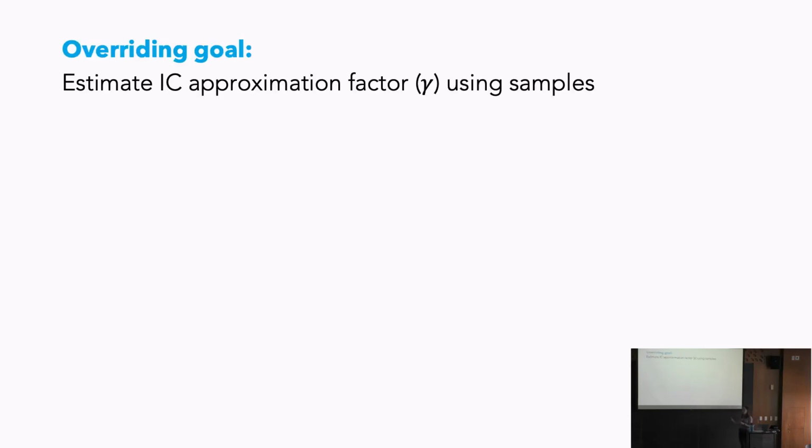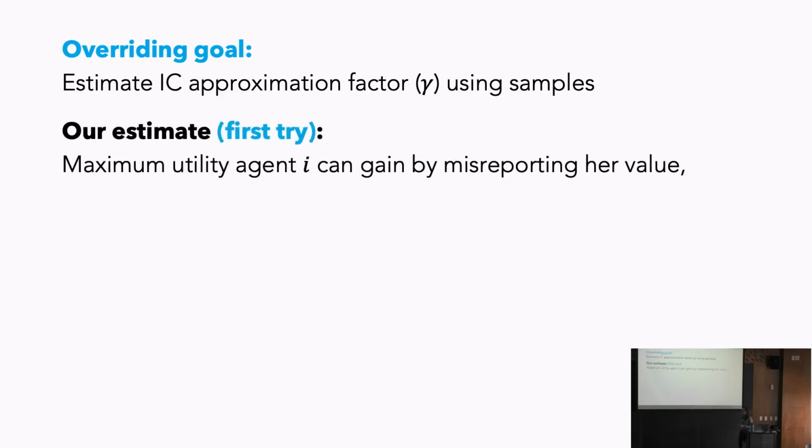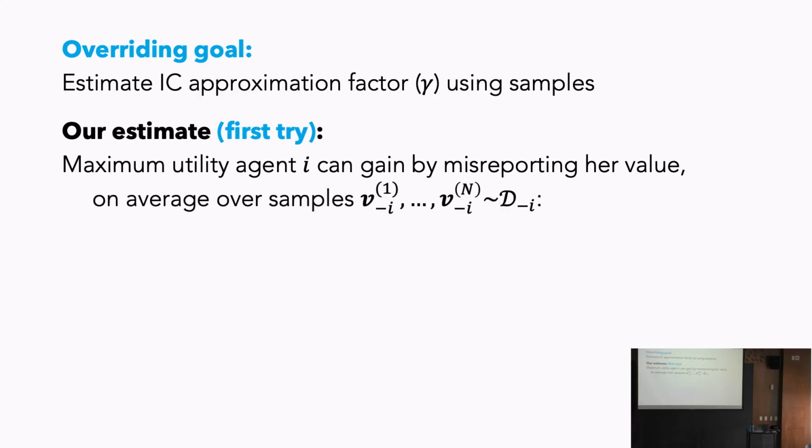So our overriding goal is to estimate this incentive compatibility approximation factor gamma using samples from the distribution over agents' values. So here's what you might first try, which is to estimate the maximum utility agent i can gain by misreporting her type on average over samples from the other agents' valuation distribution.